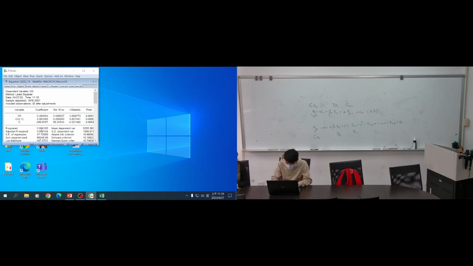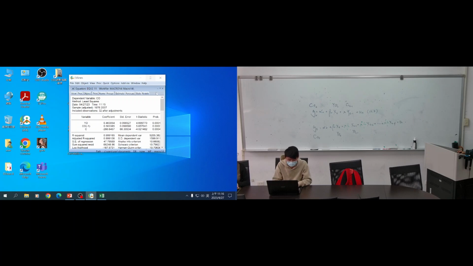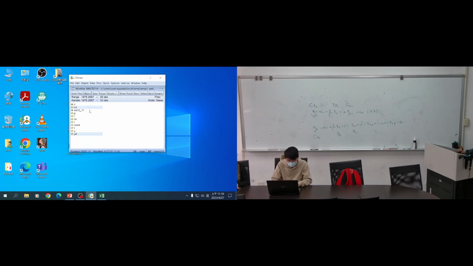Yes, I can. So I have equation underline 11. It's not a dash, it's an underline. Do not use the dash, use underline, to name the equation.